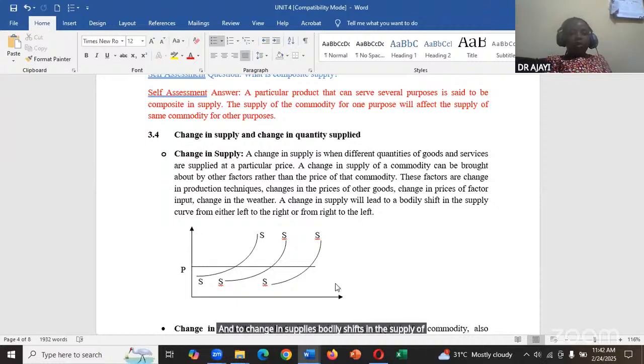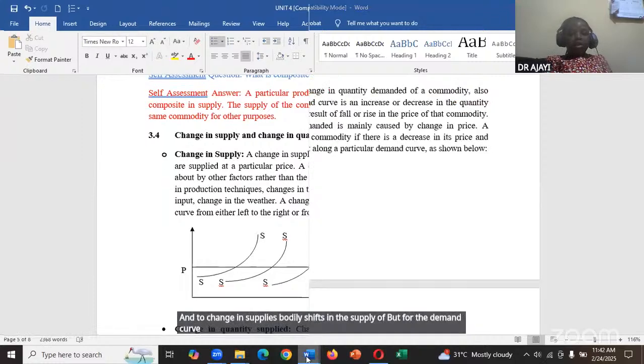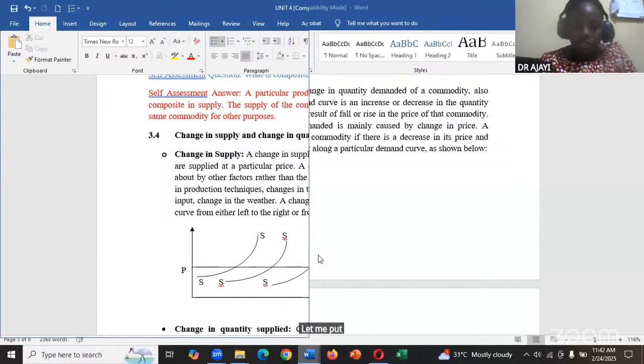But for the demand curve, let me put it beside each other.